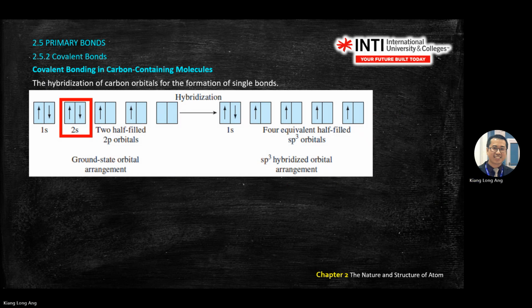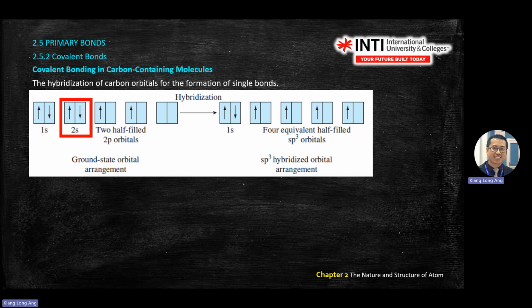So this is how the hybridization happens. Okay. So the ground state is at 1s, 2s, and 2p. What they do is that they split the 2s into the p direction. It means they pull one of these over here.